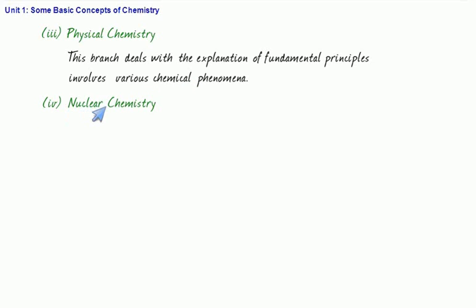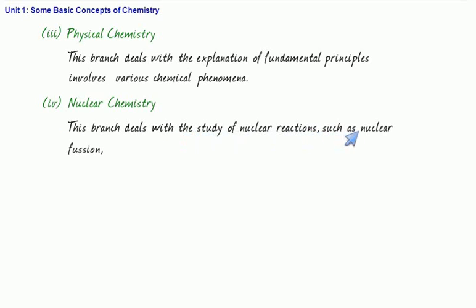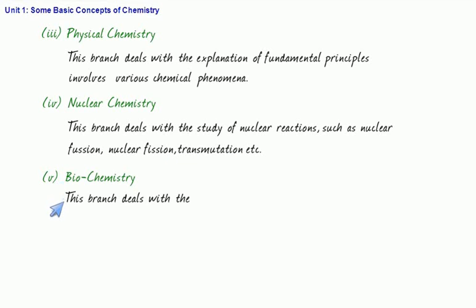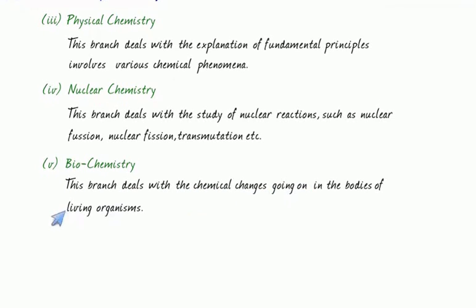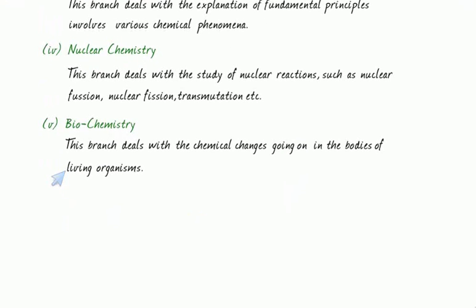Nuclear chemistry deals with the study of nuclear reactions such as nuclear fusion, nuclear fission, transmutation, etc. Then we have biochemistry. This branch deals with the chemical changes going on in the bodies of living organisms such as plants and animals.